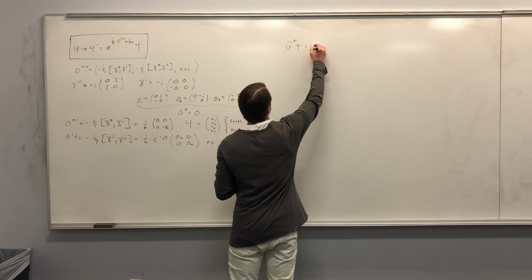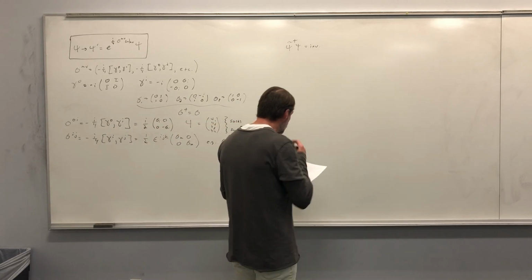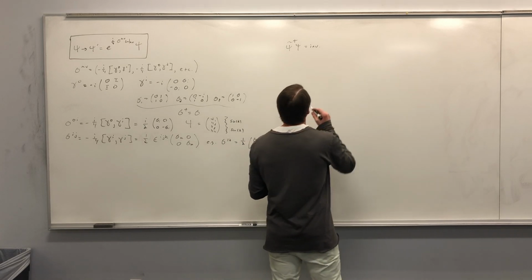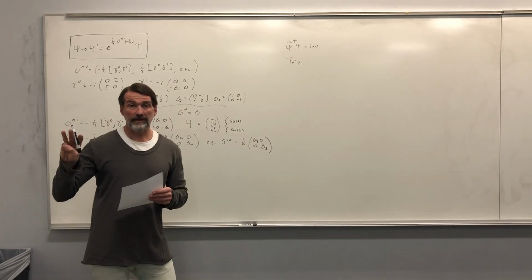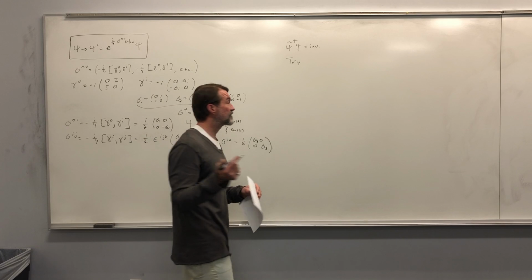And ideally, this would be an invariant. Okay? And we can try what we discovered for the 3-dimensional 2-component spinors. Remember, in 3 dimensions, the spinors only have 2 components.